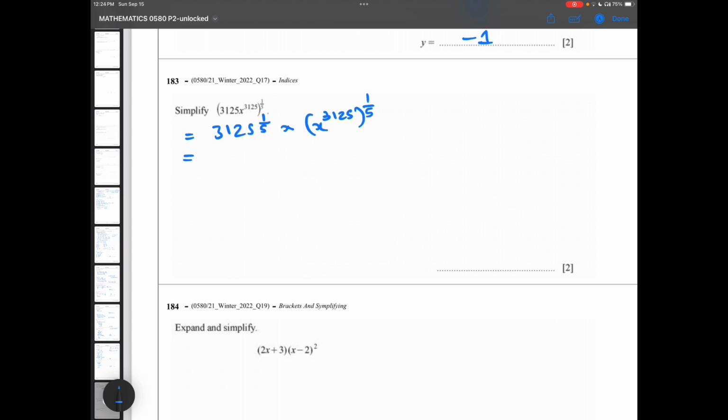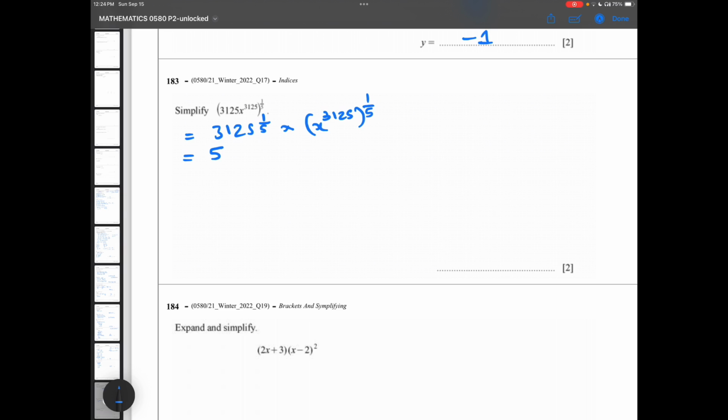So using a calculator we can calculate 3125. Actually 5 to the power 5 is 3125.